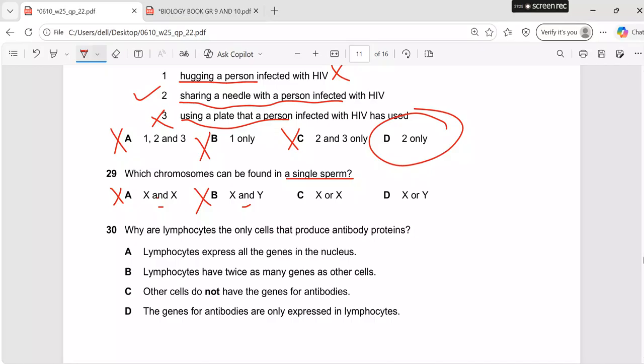Because a human has two different types of chromosomes, X and Y, but they're not asking you about the types of chromosomes the human male has. They're asking what a single sperm has. It has either X or Y. It means it can have X or it can have Y, not both of them. So C, X or X, again, we will eliminate. So you will have D, X or Y.